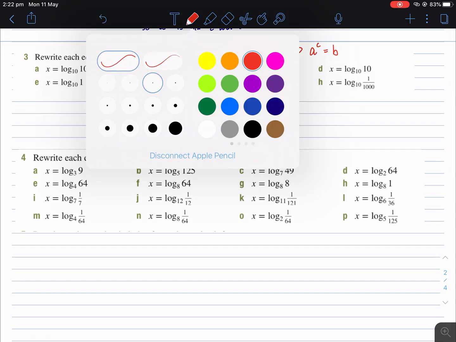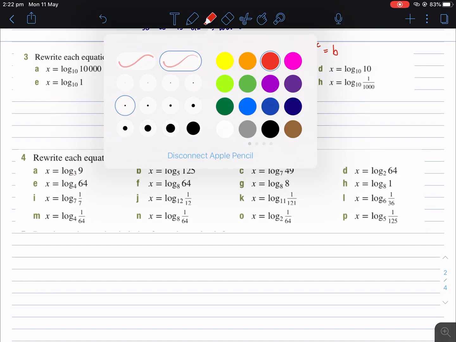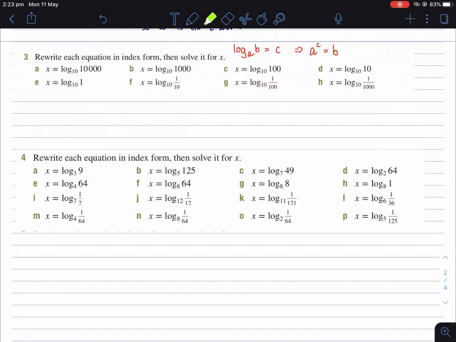So we're trying to figure out what power we raise the base to get the answer. So I'm going to highlight these. So the base is this one.